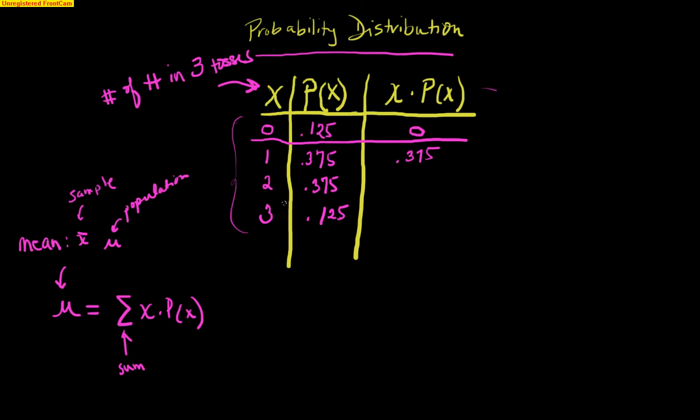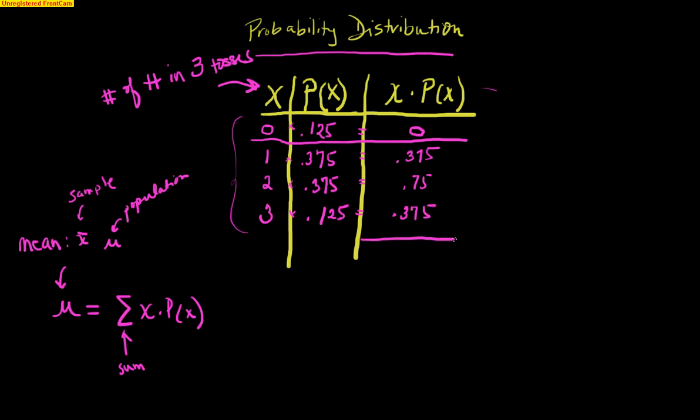Okay? All right. So now if you do this on your calculator, 2 times 0.375 is equal to 0.75. And the last one, 0.125 times 3 is equal to 0.375.